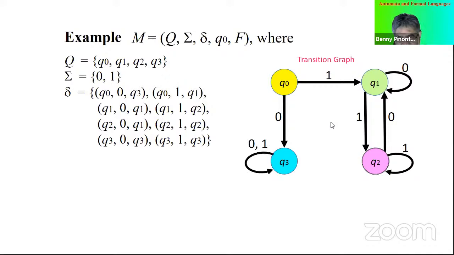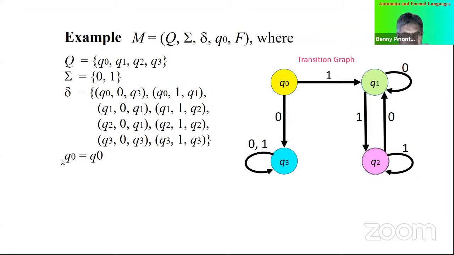Now we are too lazy for that, so we just use one arrow like this and put the two symbols on it. This notation means that there are two arrows, one with label 0 and the other with label 1.